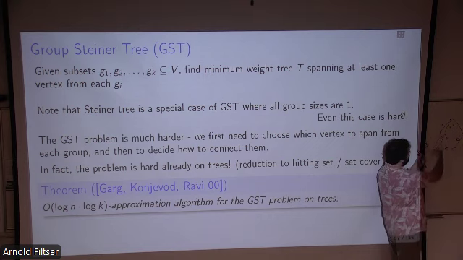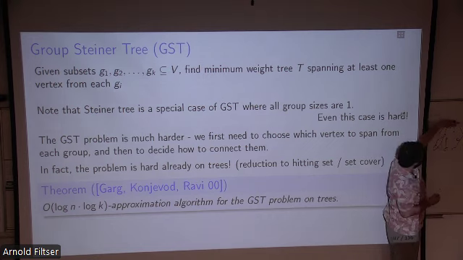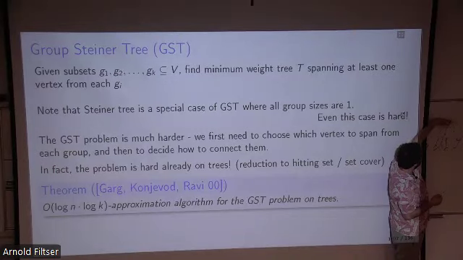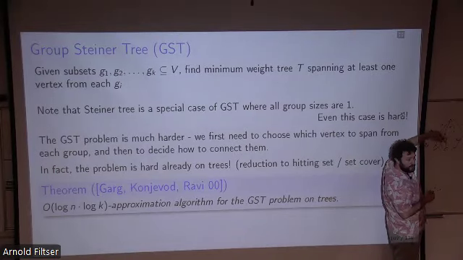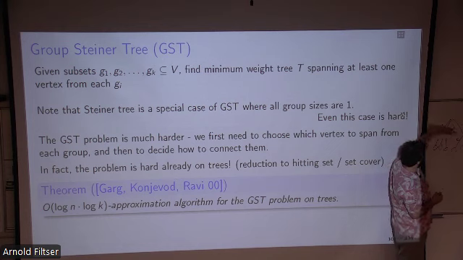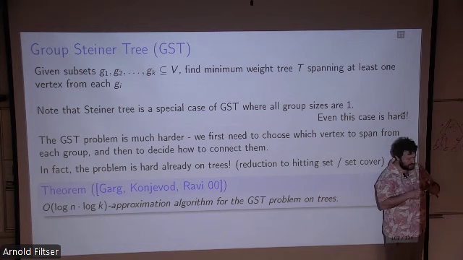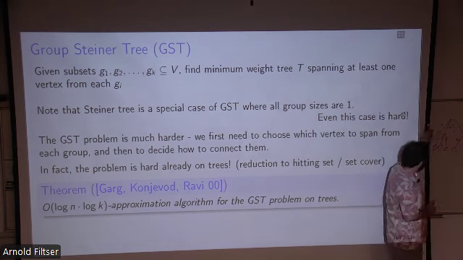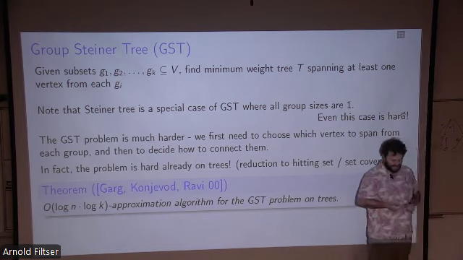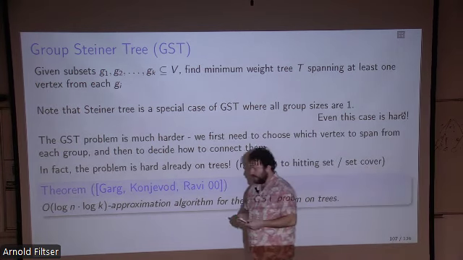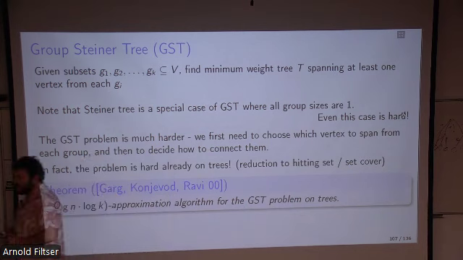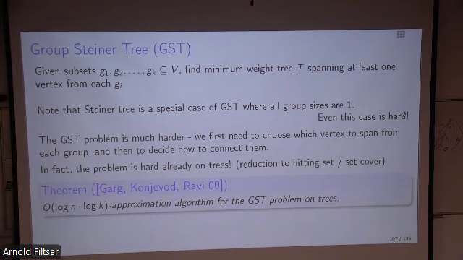Basically, all these weights are 1, and these all weights are 0. And once you pick a 1, you can connect everything in a subtree. So basically, this is just a set cover problem. This problem is known to be very hard, even in this case, with a log n lower bound on approximation factors. So we know that you cannot approximate group Steiner tree on trees better than log n.